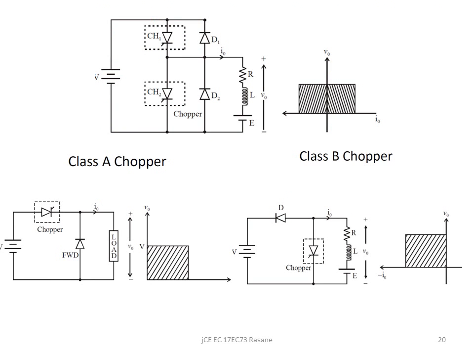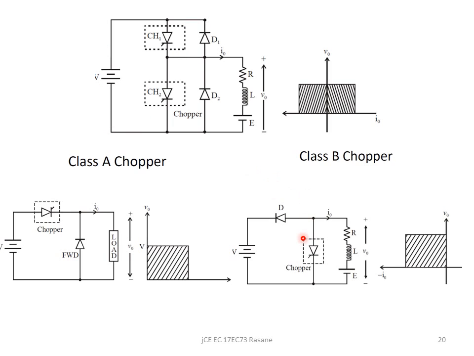So I have re-explained it in this fashion. This was the class A chopper where we had a series chopper like this and we had this freewheeling diode connected to the load. So that was your class A chopper. And in class B chopper, we had this chopper in parallel with the load, and we had this diode which is connected to the load.